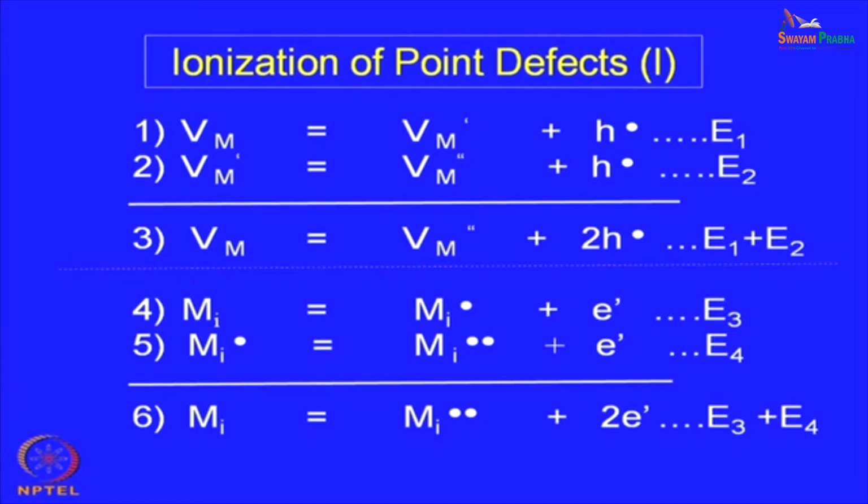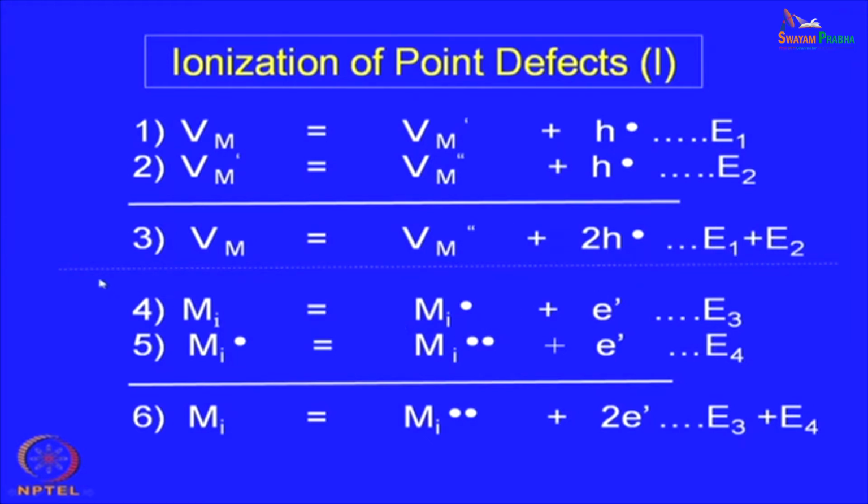So, instead of getting ionized simultaneously, it can go step by step, one after the other. That is what has been shown: ionization can take place in a stepwise fashion, and each step involves a certain amount of energy. For this reaction the ionization energy is this one, and for the next step E2, and the overall energy is the summation, E1 plus E2.